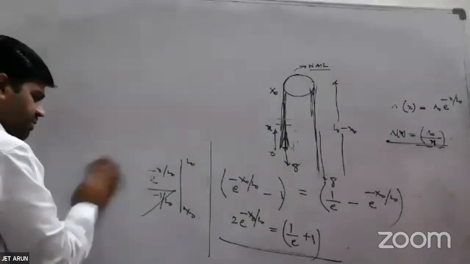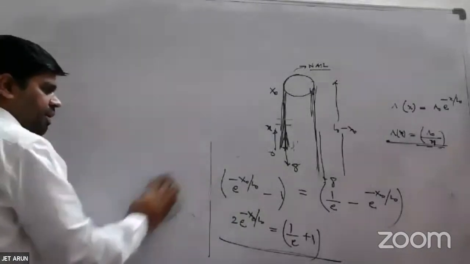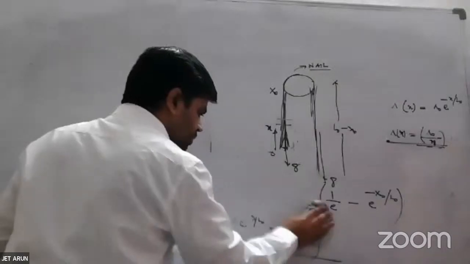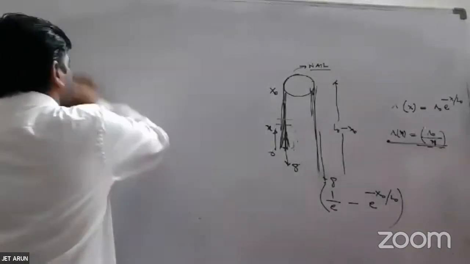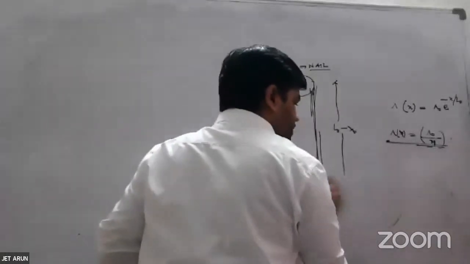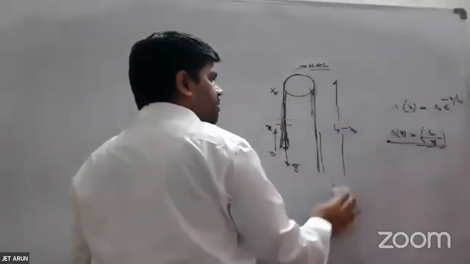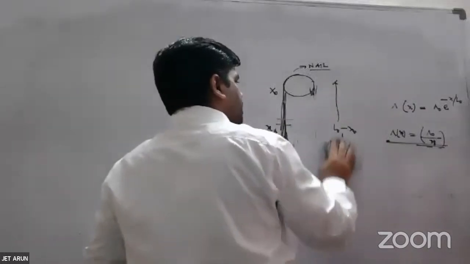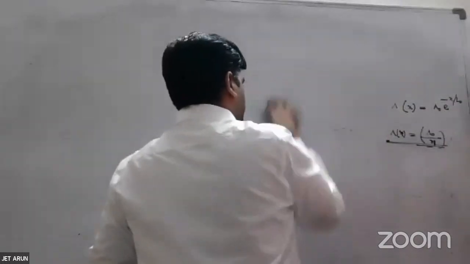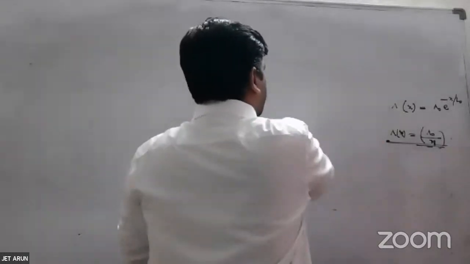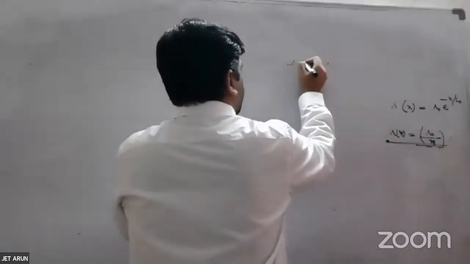All right. If that is the case, I'll give you a simple situation, simpler than this one, and help me solve the problem. Same function, lambda into e power minus x by L, but this time this is attached to a ceiling.